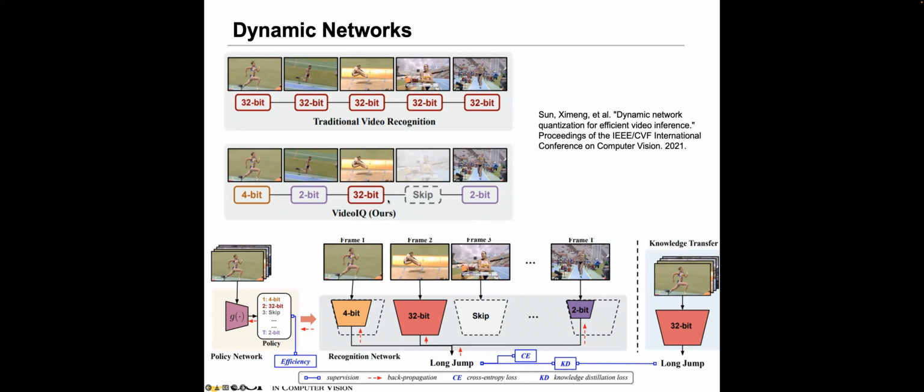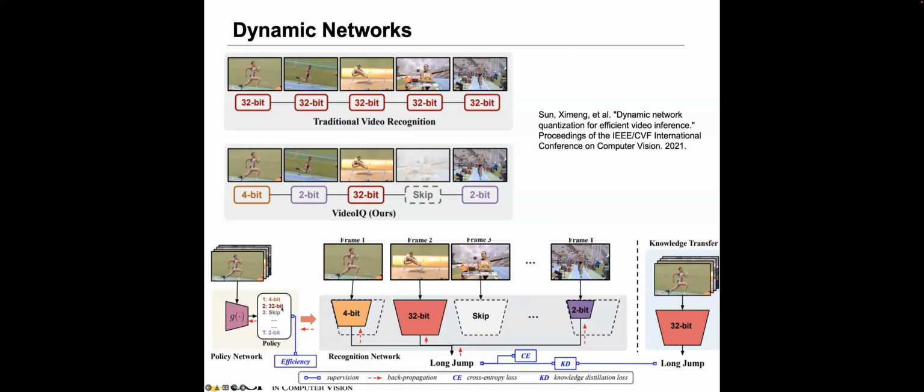To achieve that, they train a policy network. The policy network will determine, based on the features from each frame, what bit width I want to assign to this frame. Basically, you can consider this a classification.